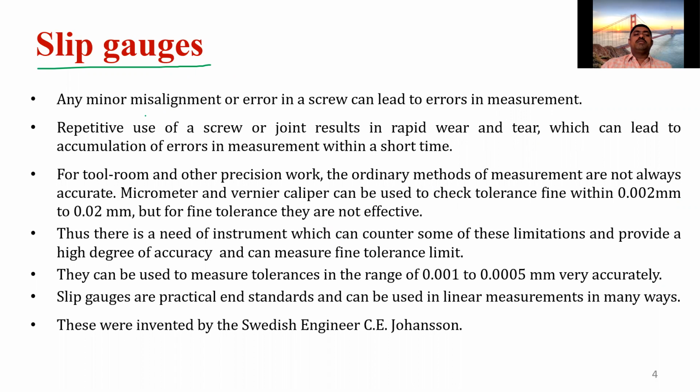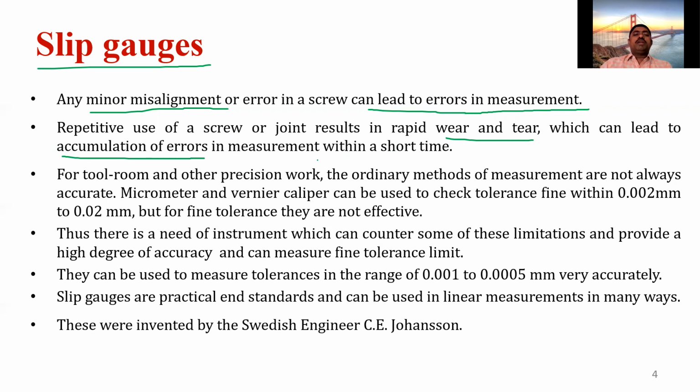But the repeated use of these micrometers may cause minor misalignment of the spindle that causes error in taking the measurement. Repeated use of the screw or joint results in rapid wear and tear, which can lead to the accumulation of errors in measurement within a short period of time.